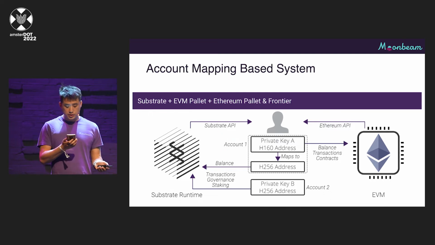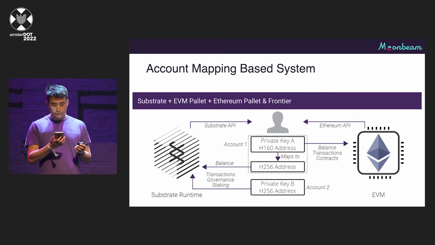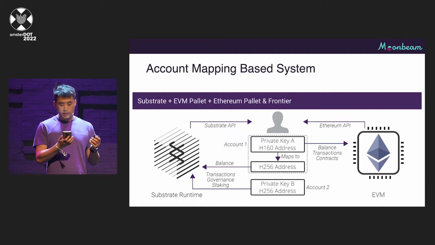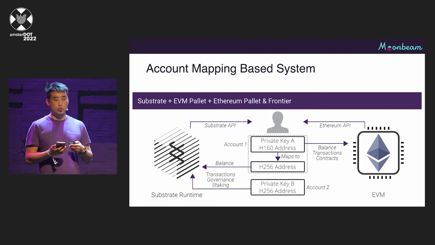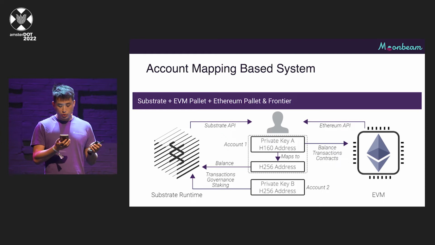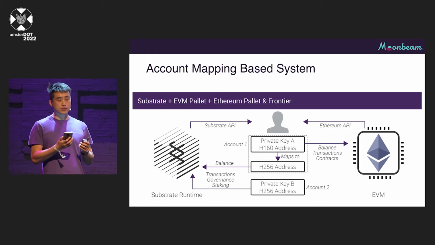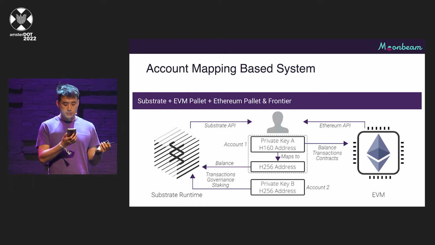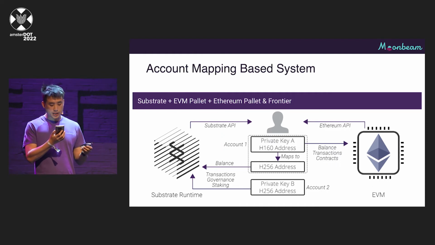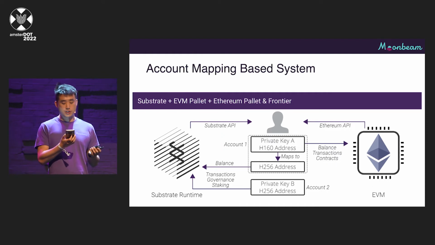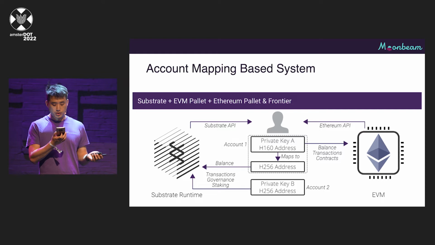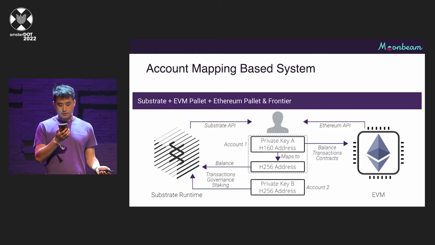However, by doing this, the user might be required to switch their wallets or key pairs when they're interacting with different functions. So for example, under this model, to interact with the EVM, like if you want to transfer an ERC20 token, you would need to sign with your Ethereum key.